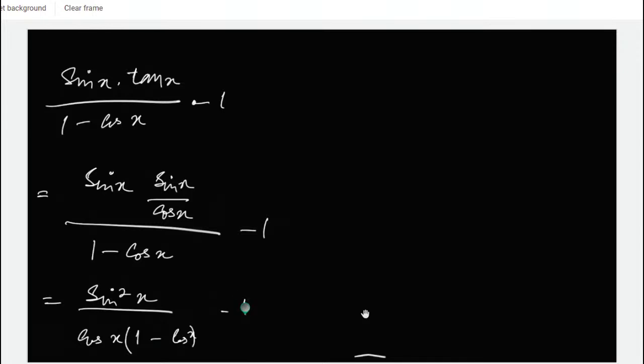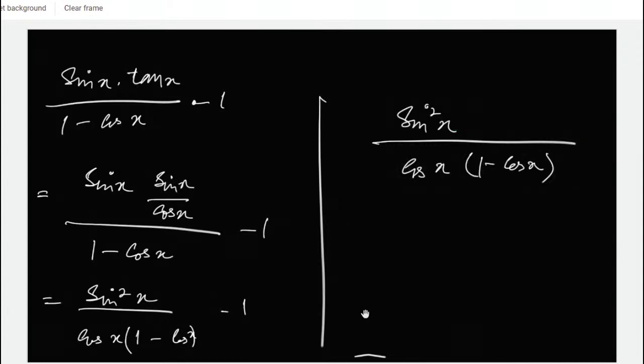This will become sin squared x over cos x into 1 minus cos x. This thing multiplied with minus 1, so it is cos x minus cos squared.